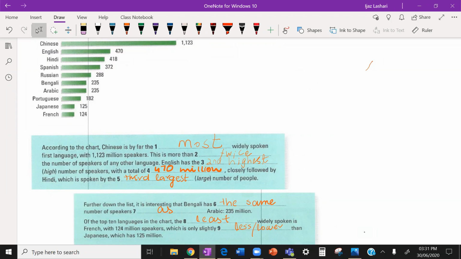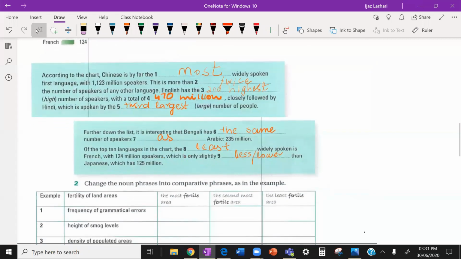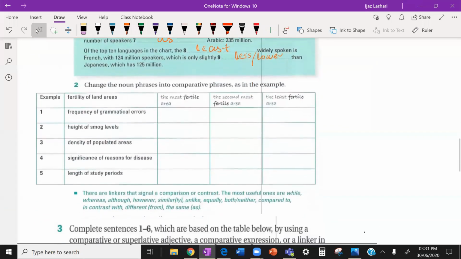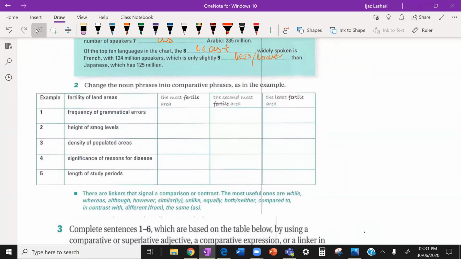Okay, now the next exercise is also about comparatives. As you see, this is the same in the book. It says change the noun phrases into comparative phrases as in the example. The first one is given as an example. The example says fertility of land areas, meaning how fertile the land is.